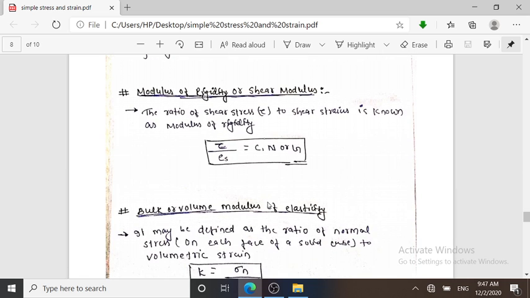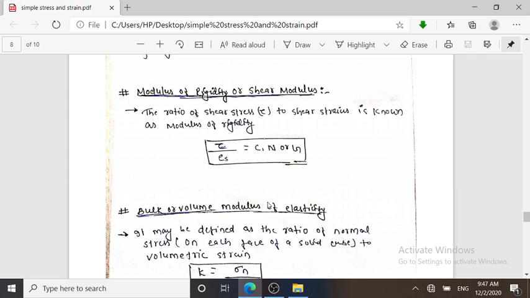So next we will deal with modulus of rigidity, or the shear modulus. Modulus of rigidity is the ratio of shear stress to shear strain. In modulus of elasticity we deal with compressive or tensile stress and strain. Here we are dealing with shear stress and shear strain. So the ratio of shear stress to shear strain is the modulus of rigidity, also termed the shear modulus.